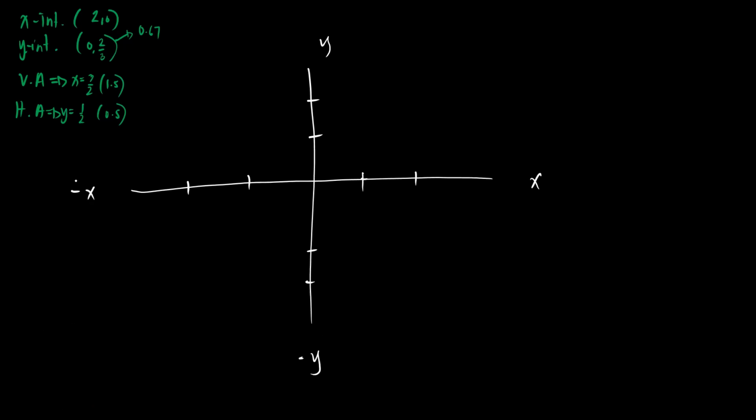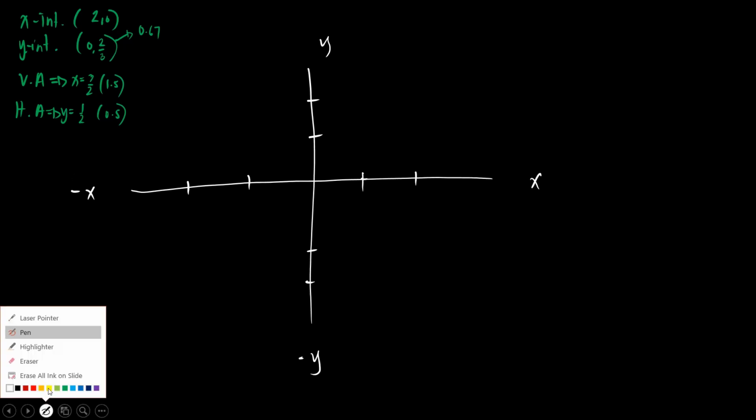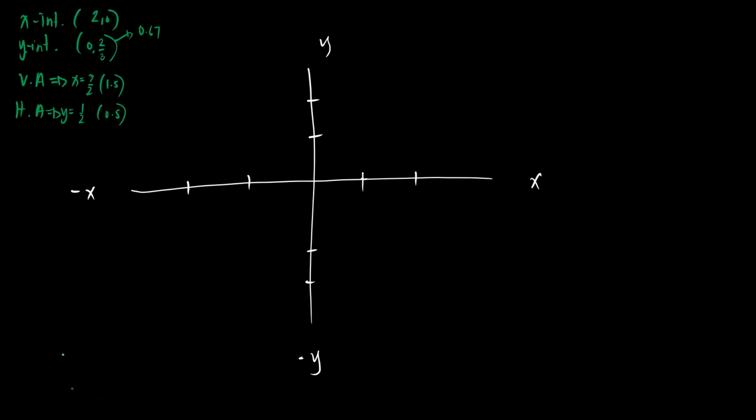Okay, now, first thing that we're going to plot is the vertical asymptote. Plot natin si vertical asymptote. Ang sabi natin vertical asymptote is equal to 3/2, which is 1.5. So, let's assume this is the 1.5. Okay, kasi this is 1 and this is 2.